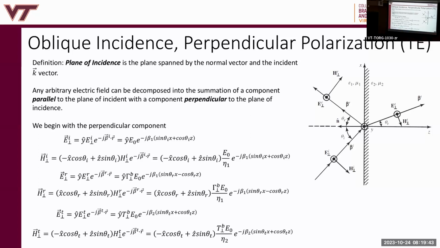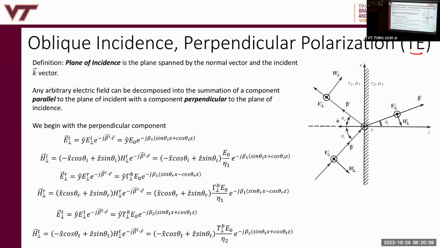All right. This is called TE. What does that mean? Transverse electric, which means we've looked at something like this when we were writing plane waves, right? As a matter of fact, when we were writing plane waves that had some kind of arbitrary polarization, we broke it into TE and TM components, right? So same thing here. We have the incident field. We call this TE, meaning transverse electric.